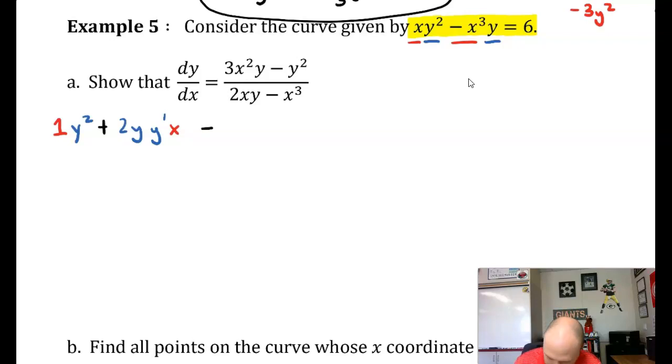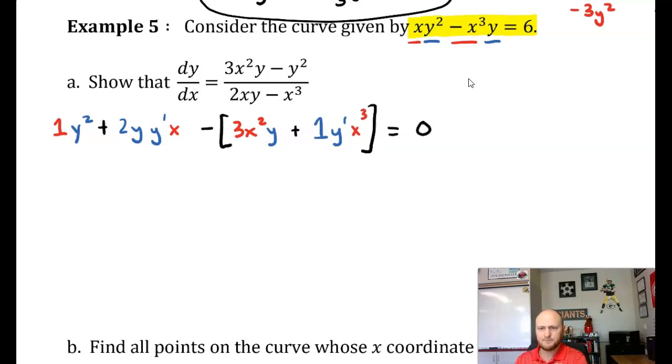Okay, minus, now I'm going to put brackets because I have to distribute that negative. Derivative of the first, 3x squared times the second, y, plus derivative of the second, well that's just 1 times y prime, times the first term, x cubed, is equal to the derivative of 6, which is 0.